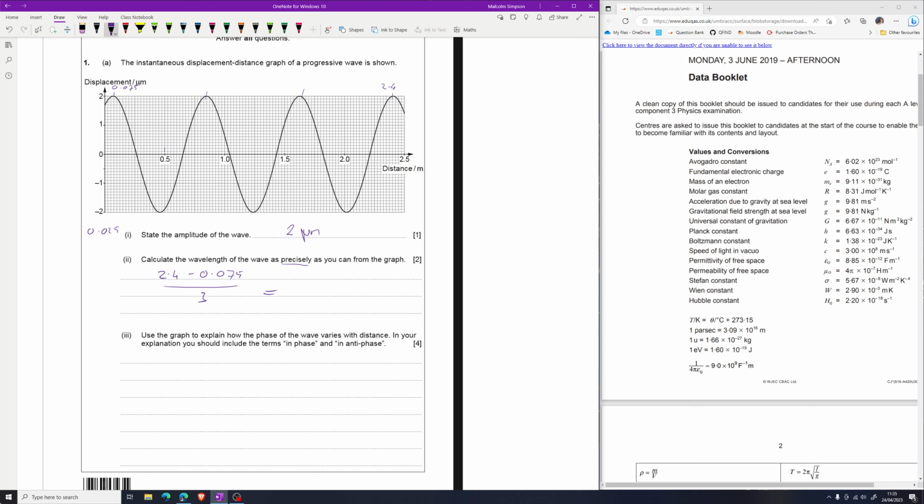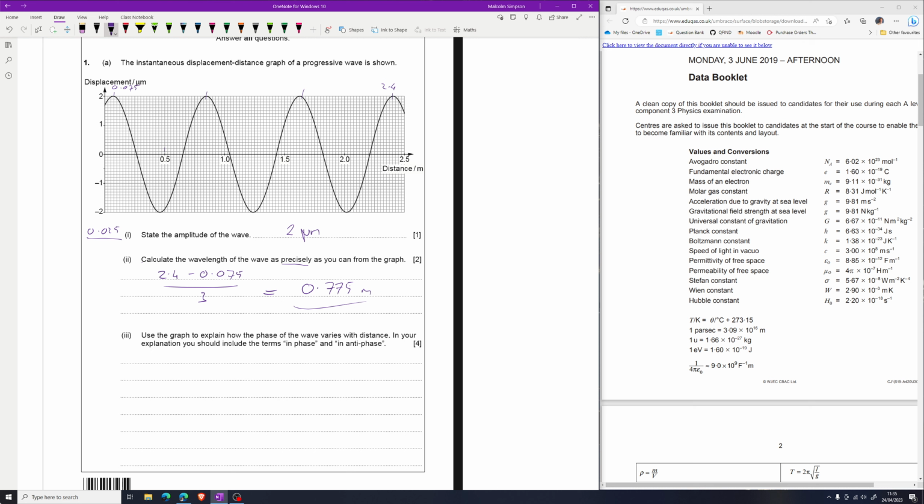Let me just grab a calculator here. 0.775 meters. I'm going to leave it to 3 sig figs. I'm not going to round it. It says as precisely as you can. And given that these minor grid lines are here, I think the same number of decimal places in my answer is fairly appropriate.